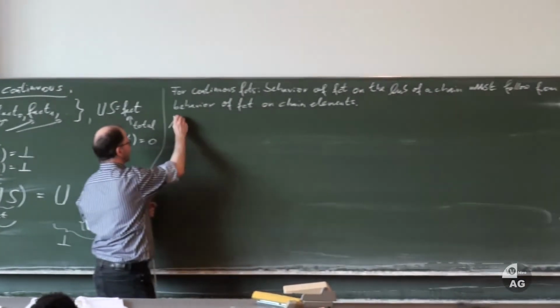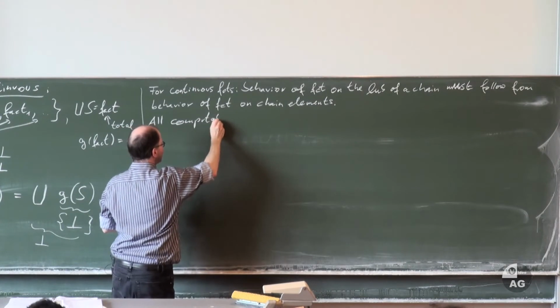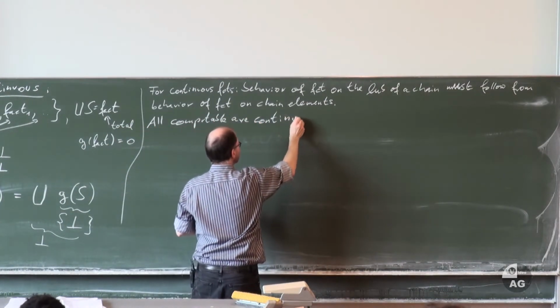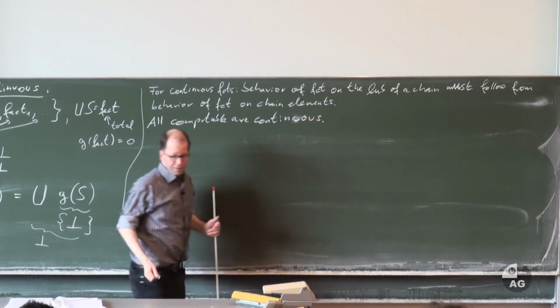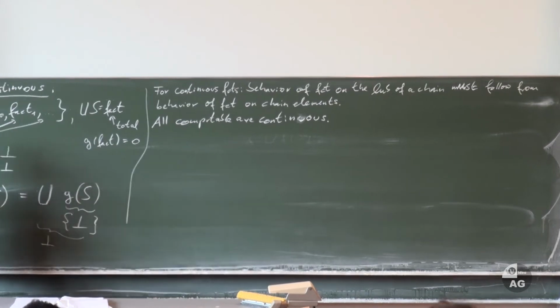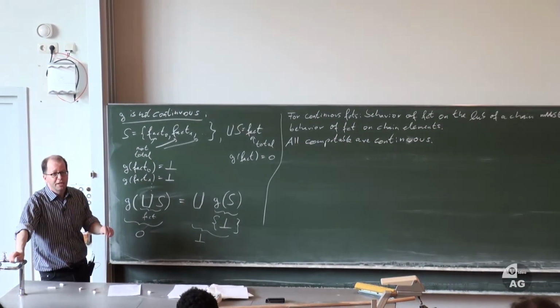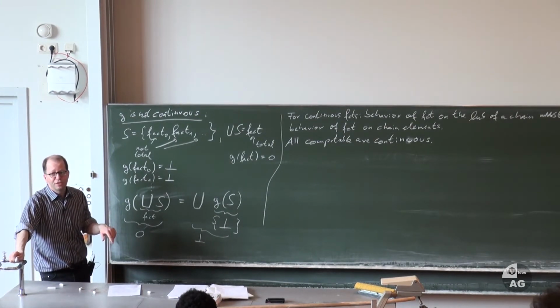So all computable functions are, in fact, continuous. So for that reason, it doesn't really harm if we throw out the non-continuous functions from our domains, because there is no program that can compute a non-continuous function.